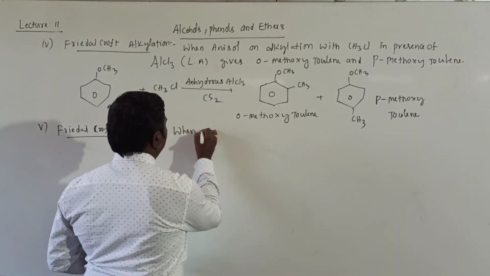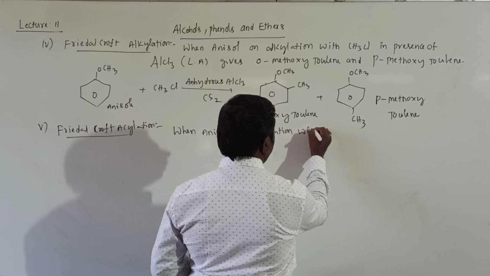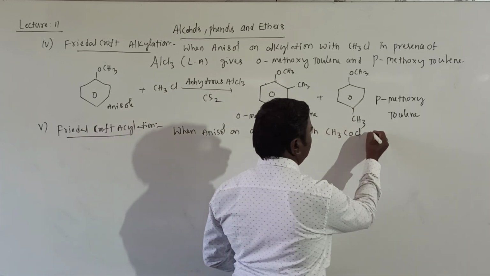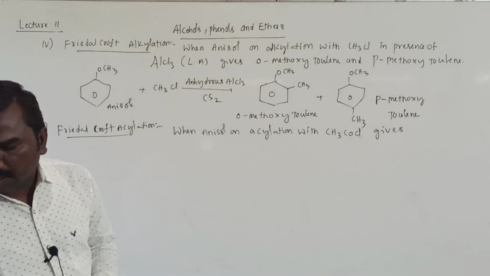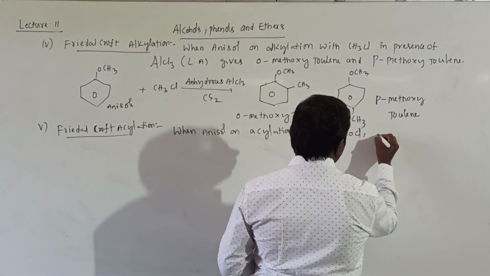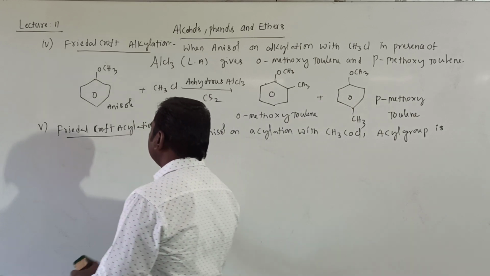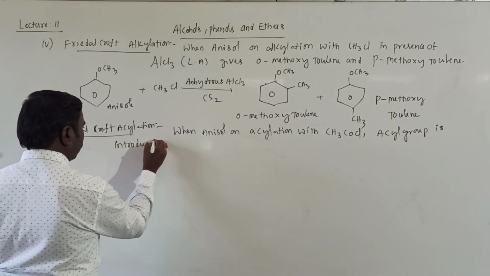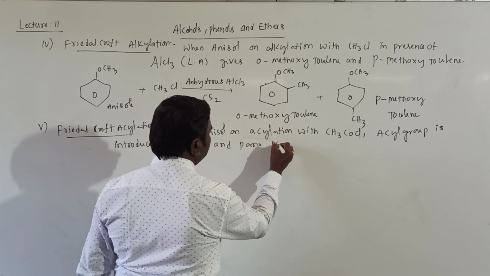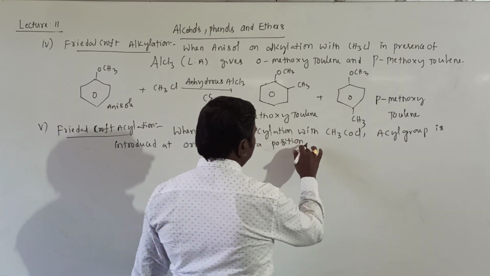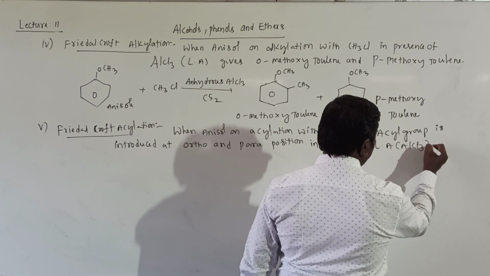When anisole undergoes acylation with CH3COCl, the acyl group is introduced at the ortho and para positions in the presence of a Lewis acid, that is AlCl3.